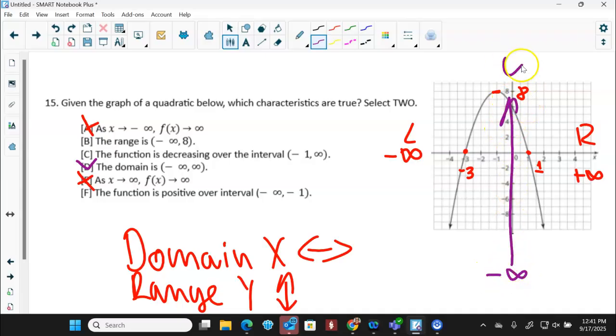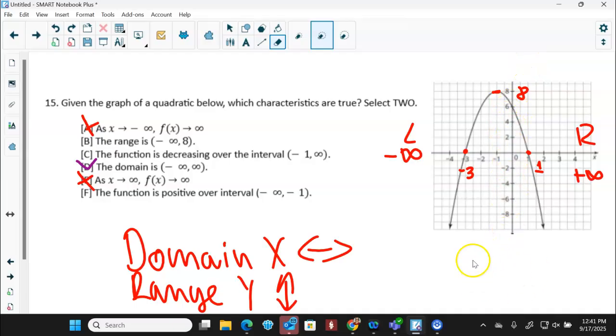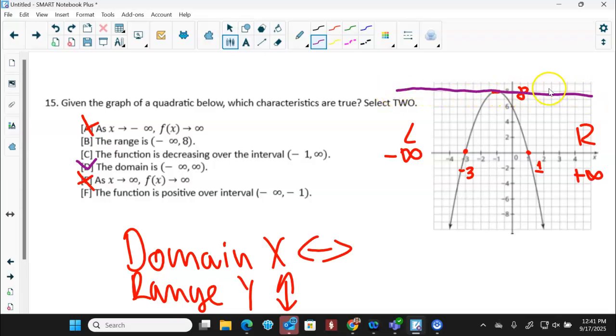We will always stop the range at the highest or the lowest point. So right here, our function ends at 8. Coming from the bottom, we can only go as far as 8. So our range will be negative infinity to 8, okay?